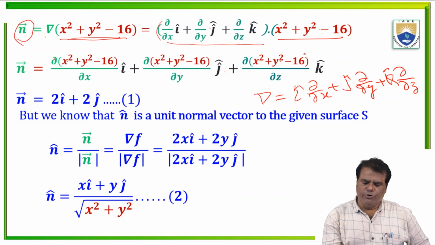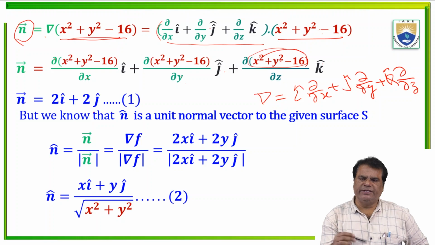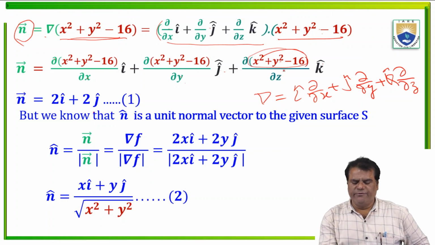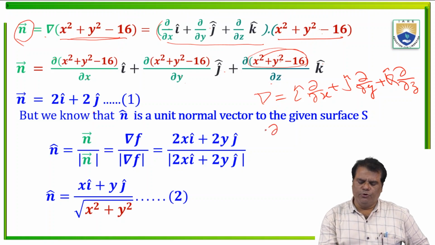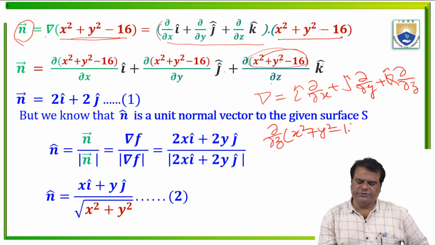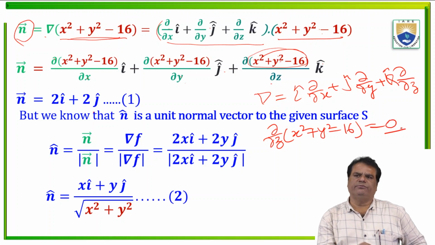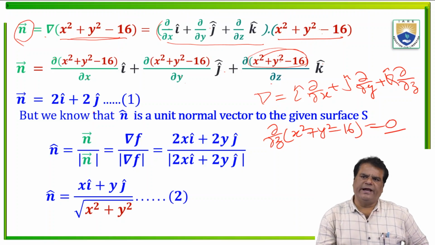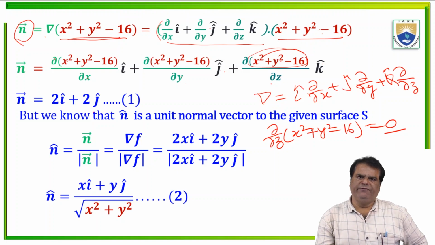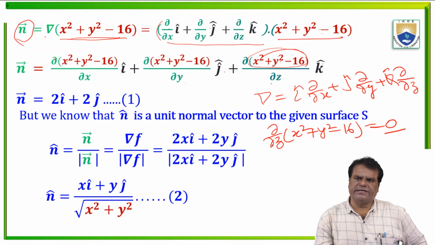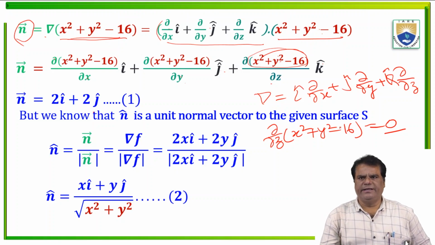Here, in our surface there is no z value. So differentiation of this with respect to z is 0, because here is no z. This is free from z, so all are constant. x is constant with respect to z, y is constant with respect to z, and 16 is already a constant.